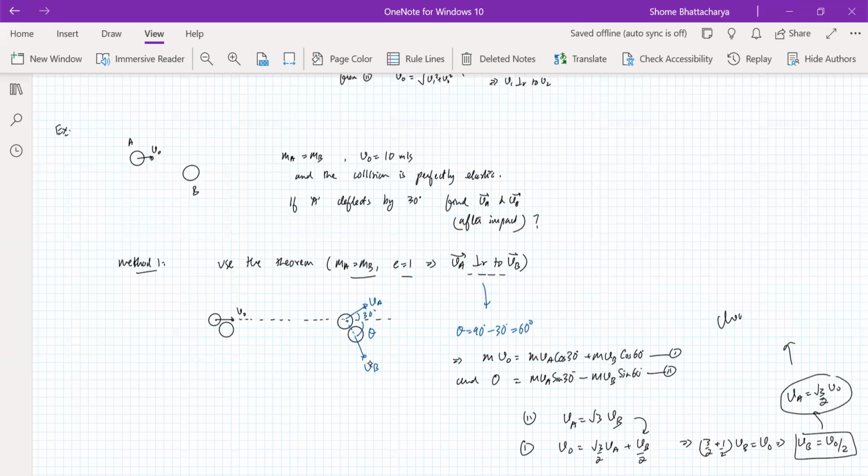You can also check that this implies that kinetic energy is conserved. Check that these values are giving you that.